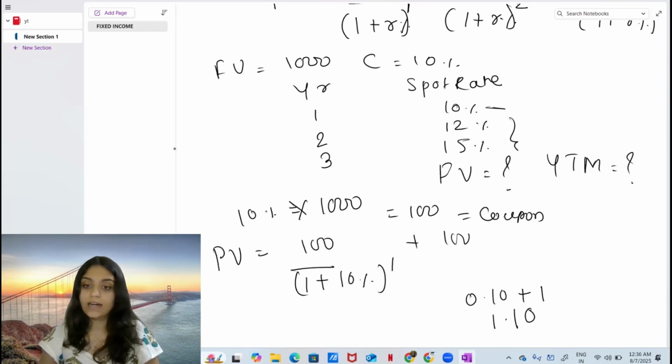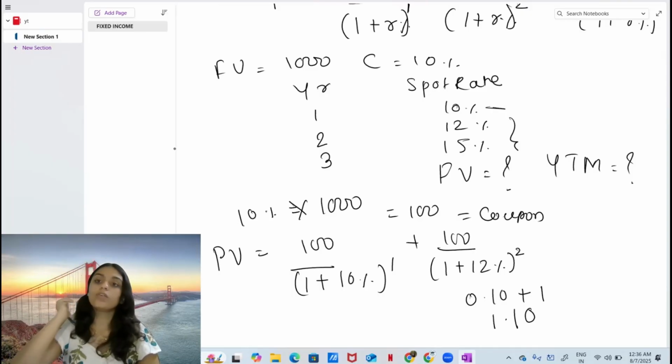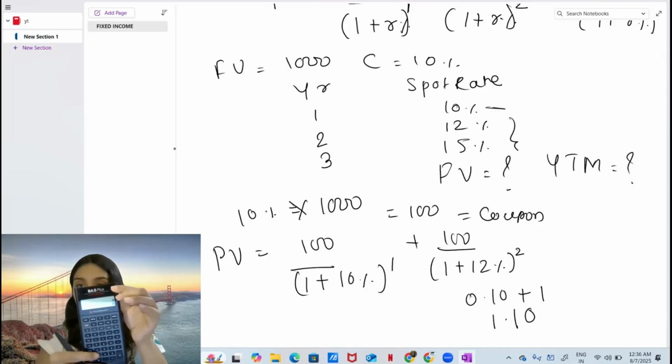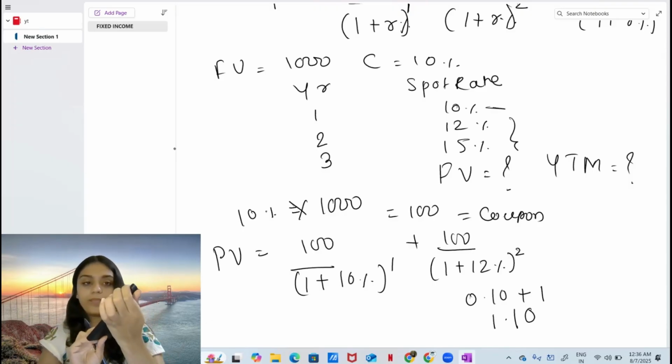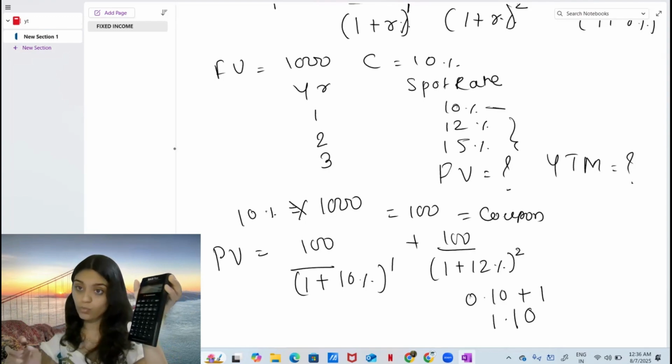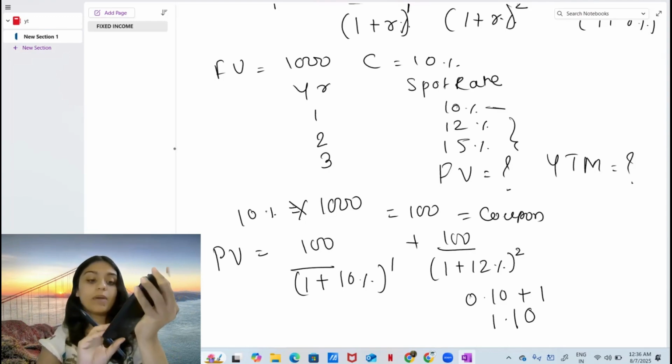So plus 100 divided by 1 plus 12%, so 12% raised to 2. So first again 100 divided by, now 1 plus 12% is 1.12.